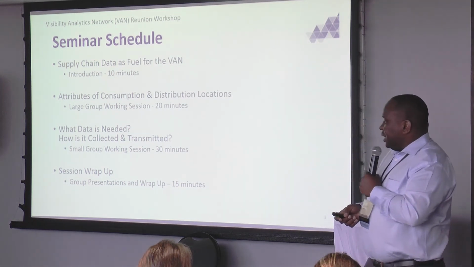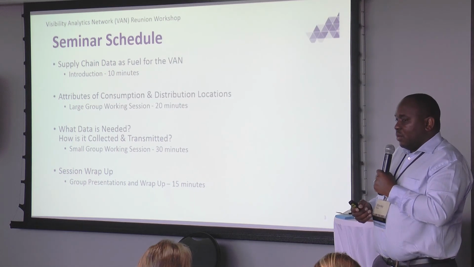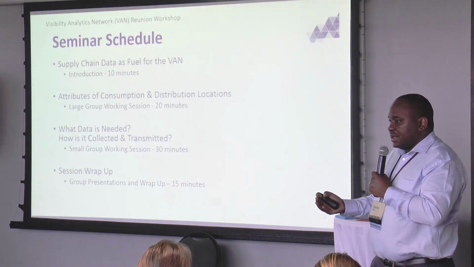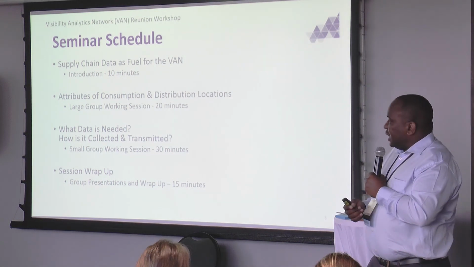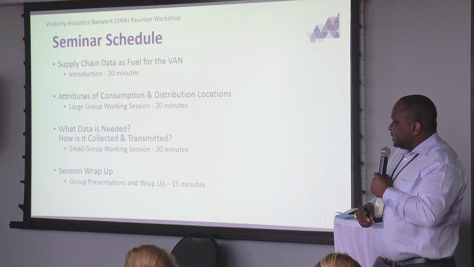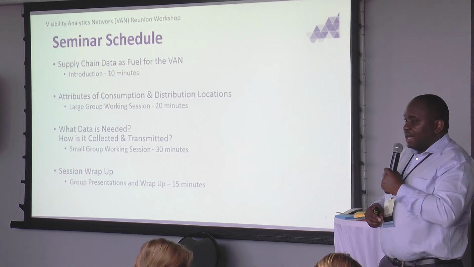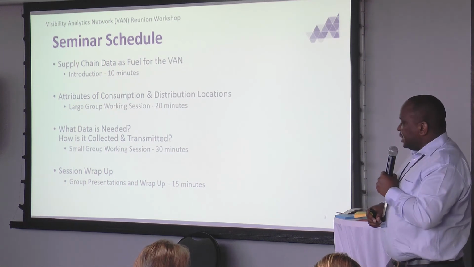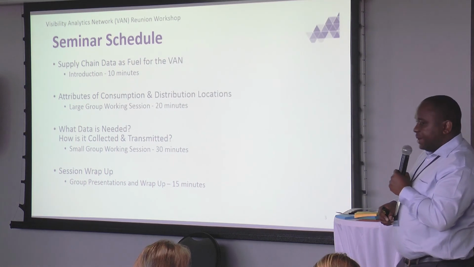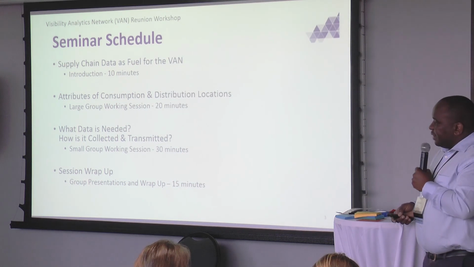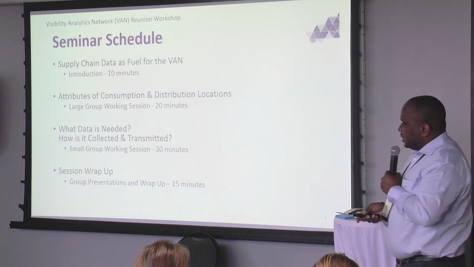So we're looking at what data needs to be collected and how it is going to be transmitted for the van to be able to provide the insights that are required. Then right at the end, we will look for each of the groups to do a wrap-up and a presentation of what their findings were from the second session.